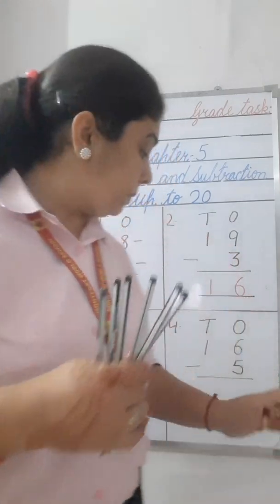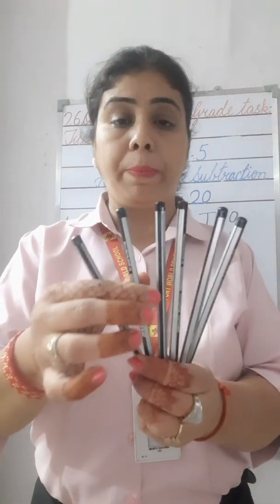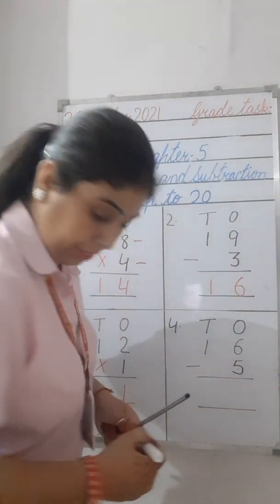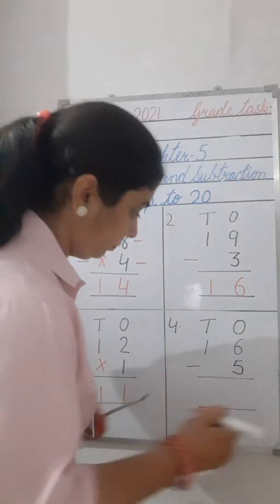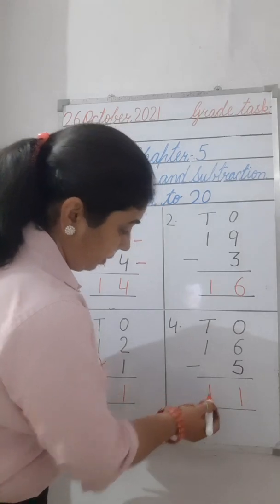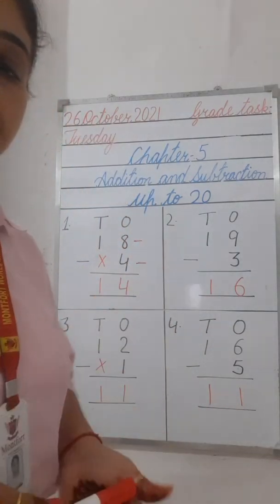Now we have to subtract 5 out of 6. Now someone has taken 5 pencils from me. How many are left? 1 only. So here I will write 1. And this one I will write same here. Fine. Like this you can do subtraction.